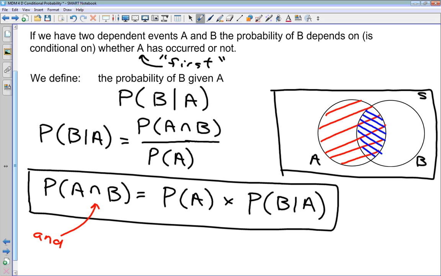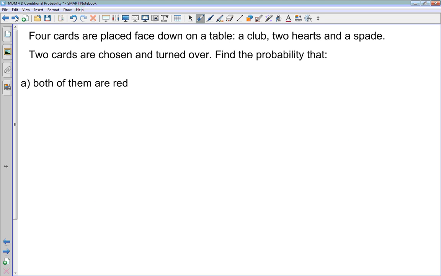So just to illustrate where this comes from a little bit, let's take a look at a fairly straightforward example here. We've got a deck of cards. It's an extremely simple deck of cards. It only has 4 cards in it. They're placed face down on a table. We've got 1 club, we've got 2 hearts, and we've got a spade. Let's change this a little bit.